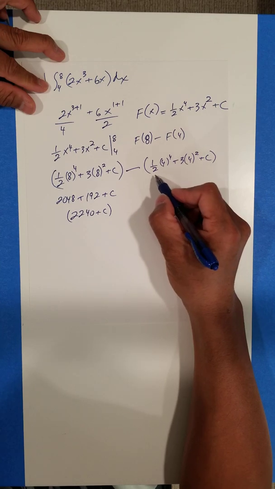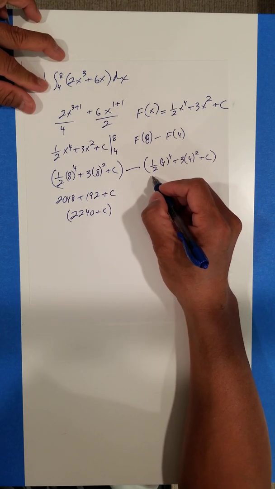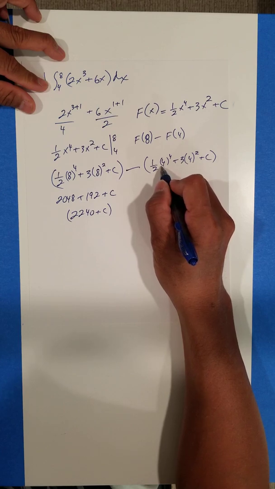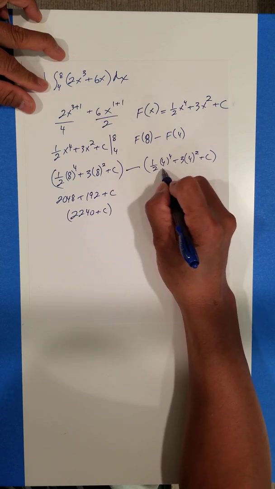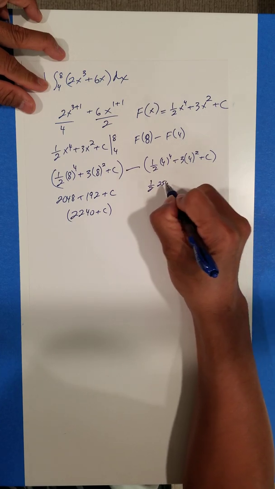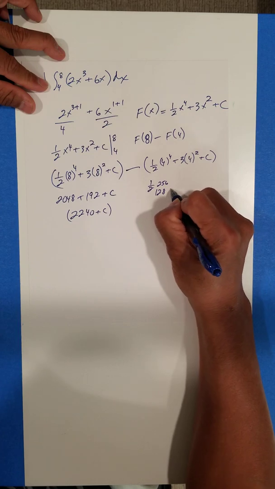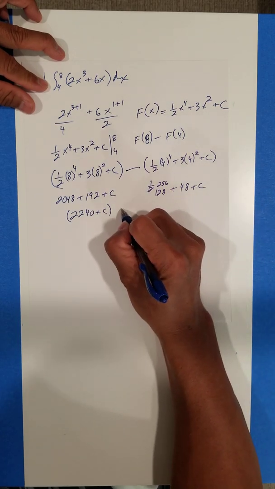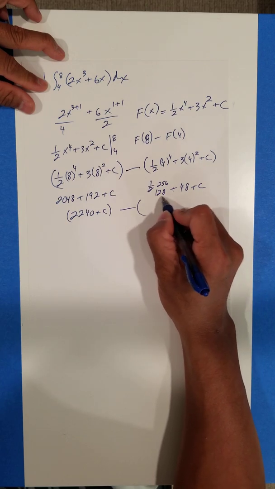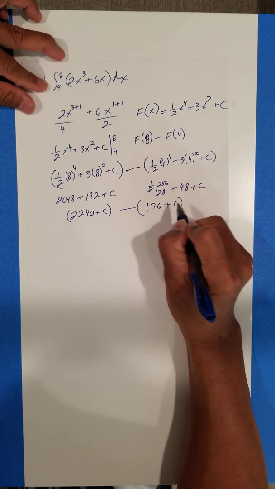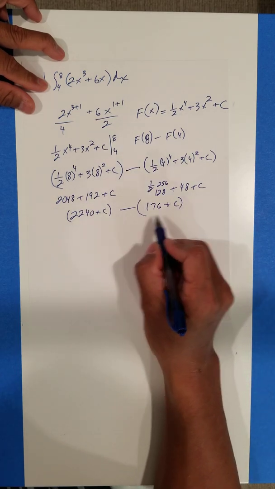Now let's do this guy. 4 to the 4th is 256, so 1/2 of that is 128, plus 48, plus c. So we got a minus here: 176 plus c. So the c values will cancel.